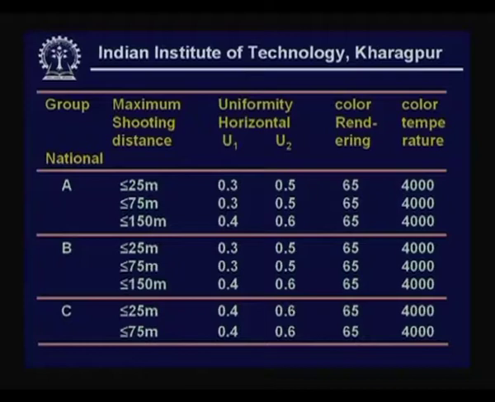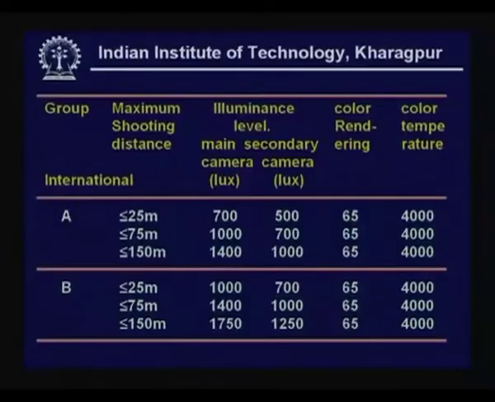We have talked about the uniformity indices in the vertical plane, but we have not mentioned the levels, because recall that if horizontal illuminance levels are taken care of, vertical illuminance levels automatically get taken care of.